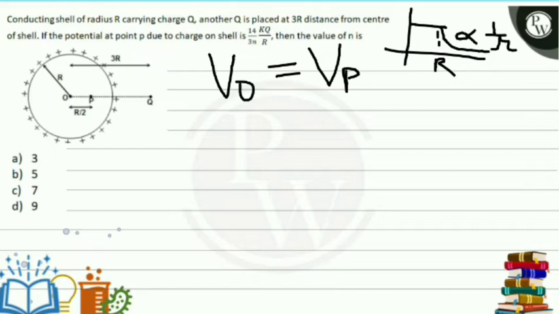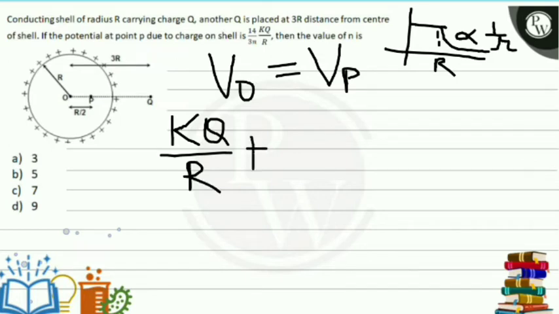Now think like this: potential at point O is because of two factors. First, the charge present in the shell, and second, the charge present outside the shell. So there are two charges. The first one I am writing now is the potential due to the charges present in the shell, which is kq by r. R is the radius of the shell, and q is the charge present in the shell.